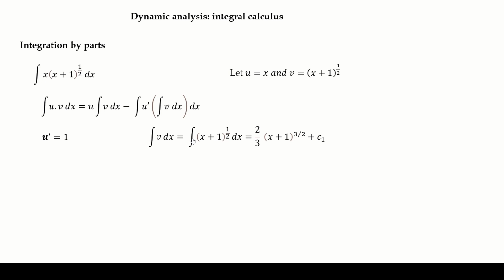So all we have to do is proceed with that rule, add 1 to this power and then divide by the same. So we will get the integral of v dx as this, plus the constant of integration. Now we can substitute these two values in this expression.